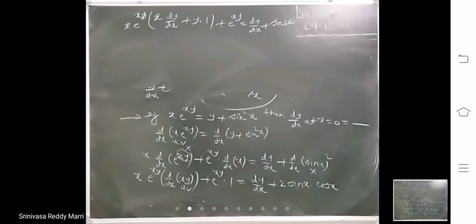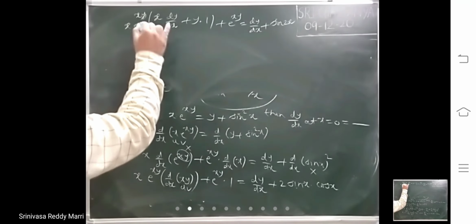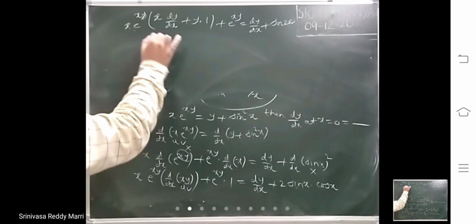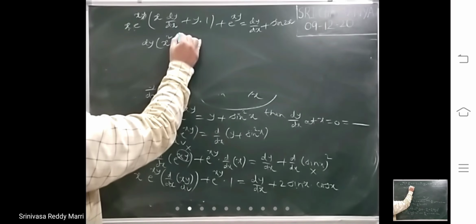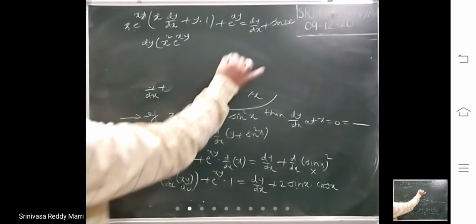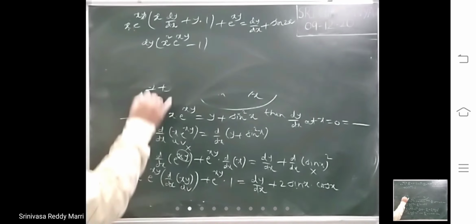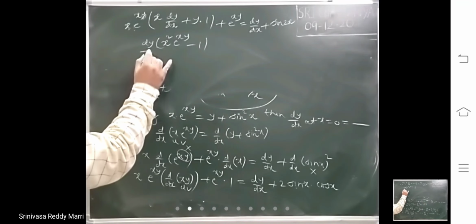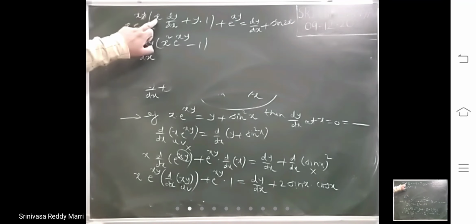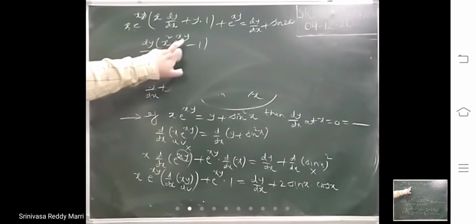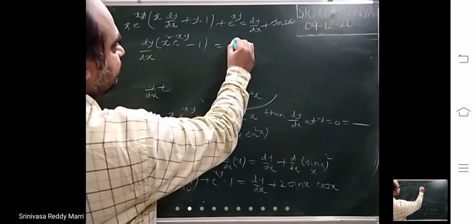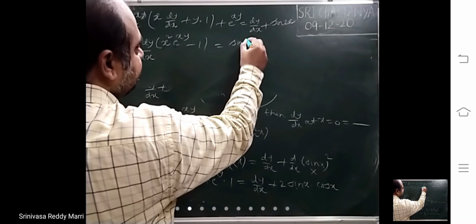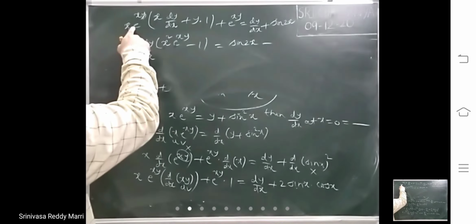Sin 2x. All dy by dx terms this side. So dy by dx terms this side. Here x square into this means x square e power xy. So here this will come minus 1. Dy by dx I have taken common. Dy by dx into x into x square e power xy, bring this side minus 1, equals the remaining terms, sin 2x minus this into this.